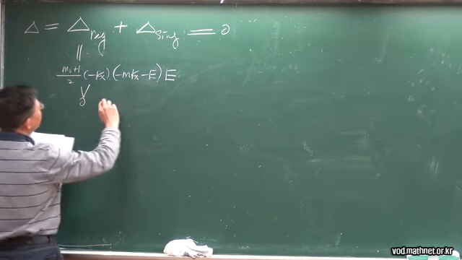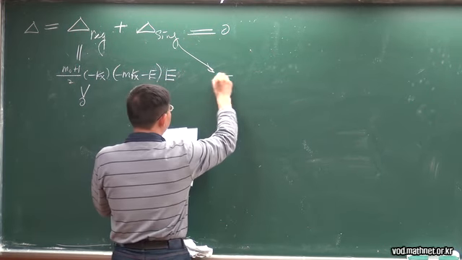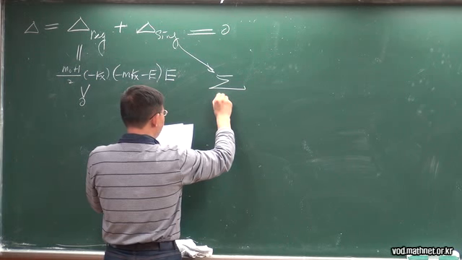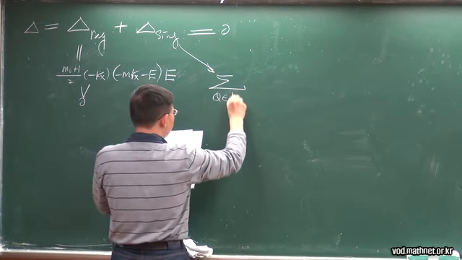So this is, there's a Q that runs over this basket.